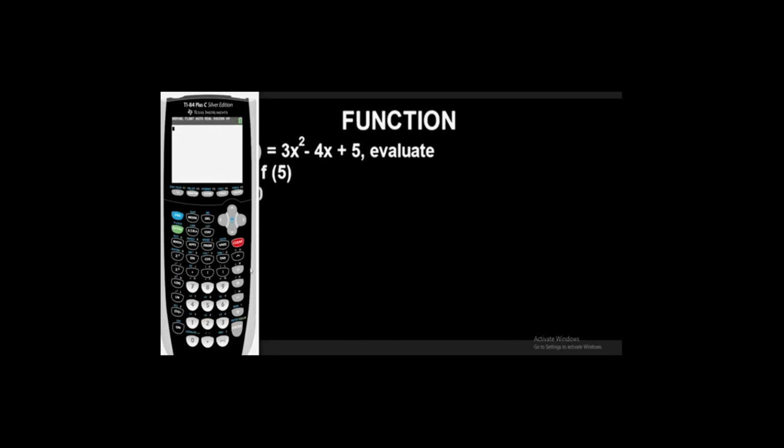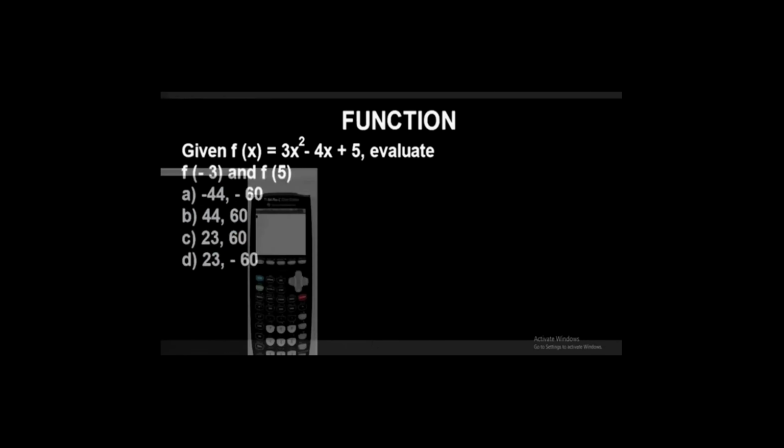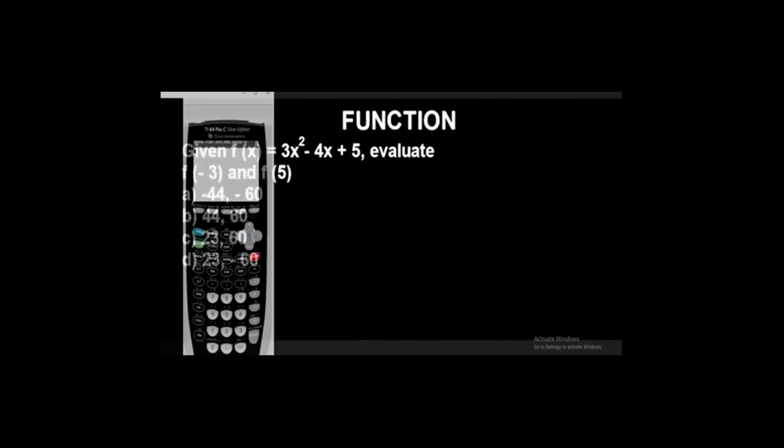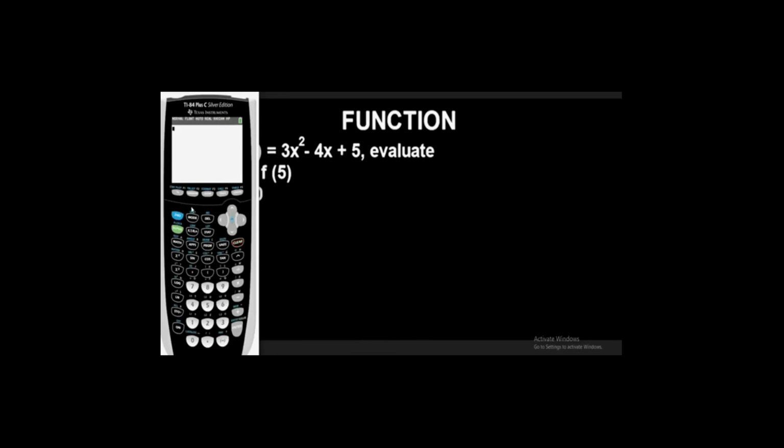Let's look at the question again. We are given f of x, that's the function y equals 3x squared minus 4x plus 5. Right now, let's input this function on the calculator and solve it. We make use of the Y equals button.